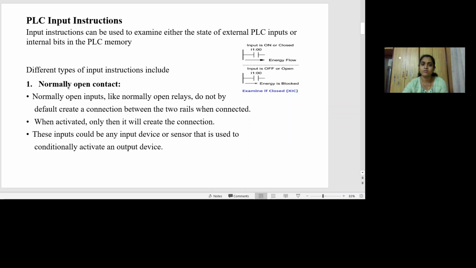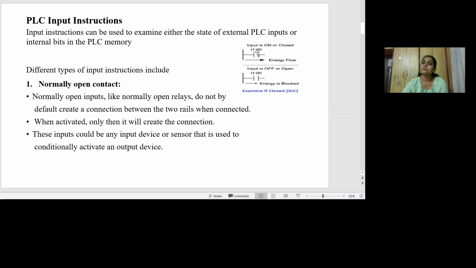Now there are five different input instructions which you need to understand. The first one is the normally open contact, and here I have shown the picture of the NO contact.